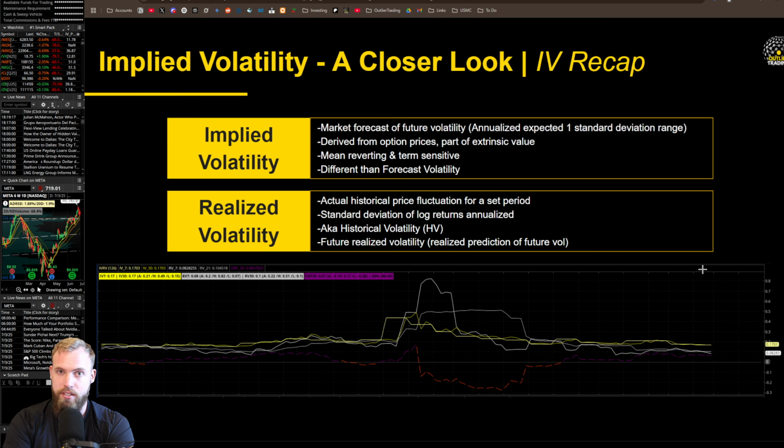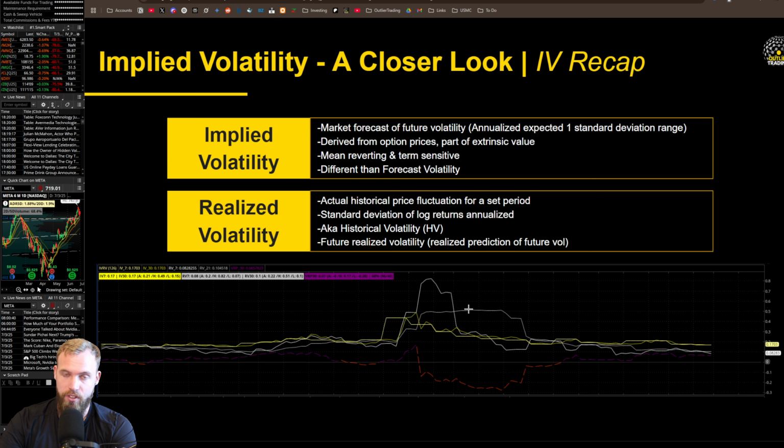Here is a simple plot of implied and realized volatility, as well as variance risk premiums, which is another core concept of implied volatility. I have a video on that. Here, realized volatility is the white, for two different durations: a shorter term duration, which is more schizophrenic than the longer term duration. This is 30-day.